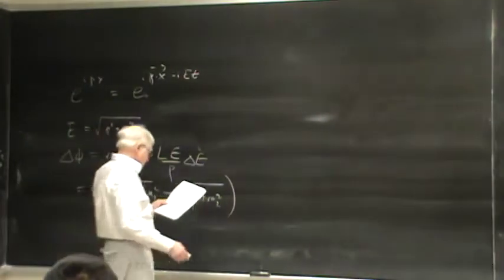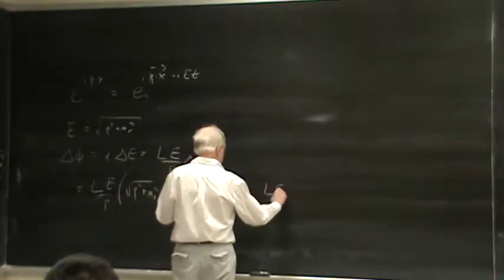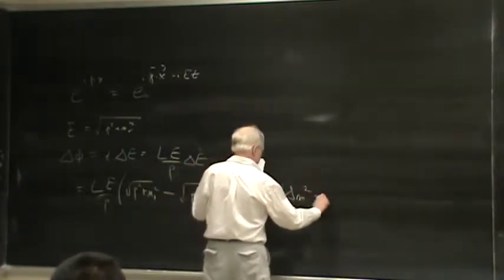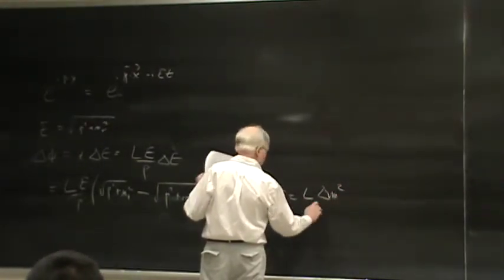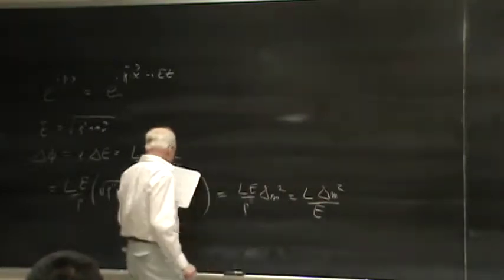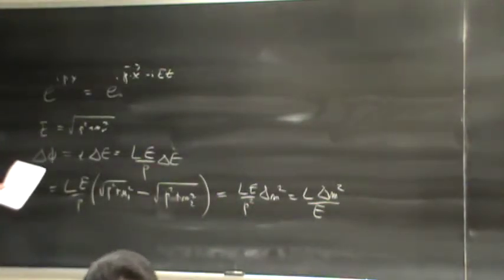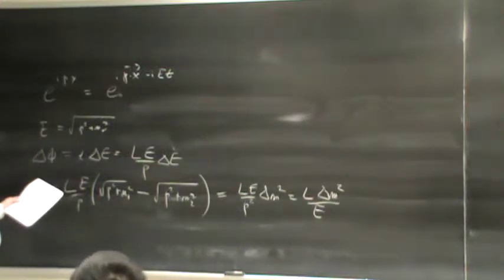And if you expand these things, you see that delta phi is L E over P squared times delta M squared, or L delta M squared over E. And you will ask me, I'm a little puzzled about that last bit, how I flipped.